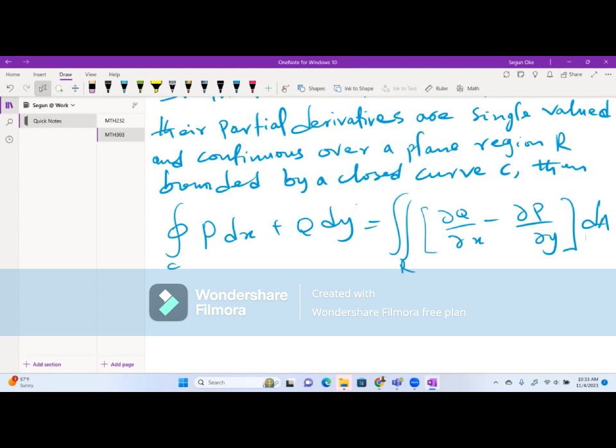We have the formula already. Let's write this down. We have to verify Green's theorem.